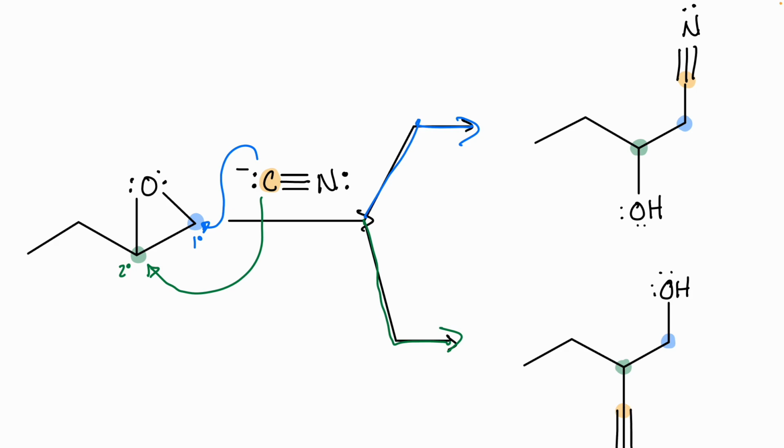Primary, and why is that? More accessible, right? It's the same argument we've been using over and over again. Nucleophiles have a much easier time getting to more accessible carbons. And so that's why we're not going to see any of this product down here. So our nucleophile is going to attack that more accessible carbon.